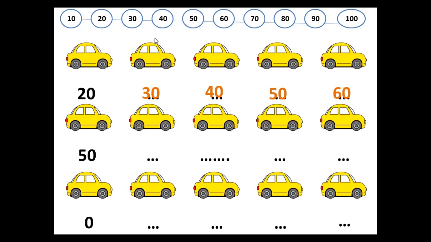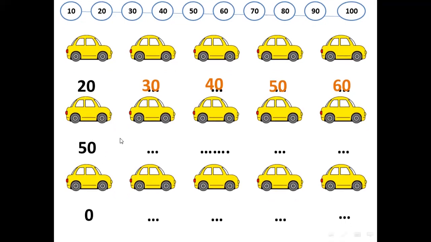Okay, can you please, sweetie, tell me what is this number? 50. When I'm counting by tens, what comes after 50? 60. Good job. And what comes after 60? 70. Good job, Abdullah. Thank you. You're amazing. You are welcome.